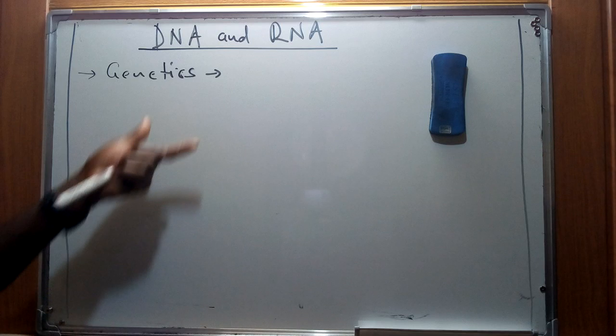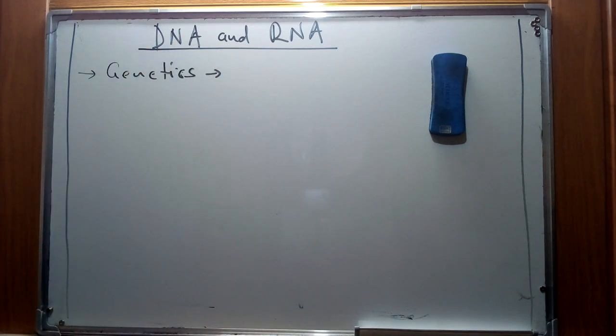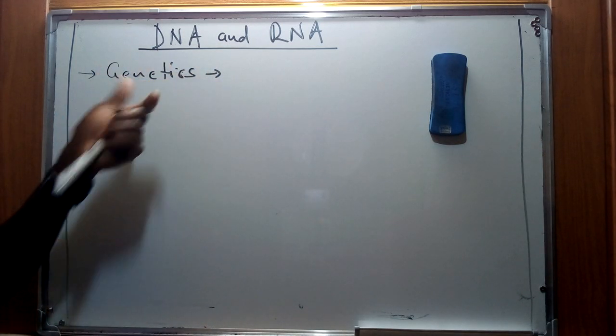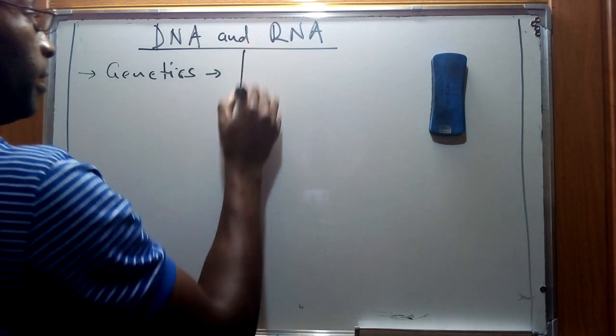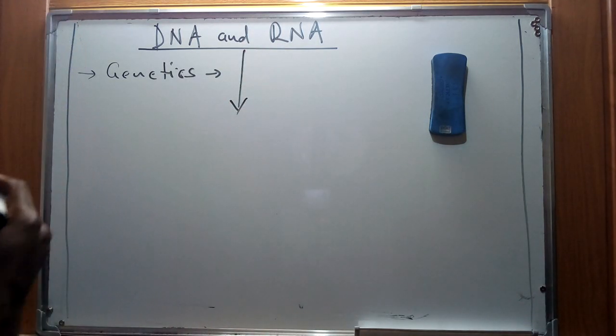In looking for the particular aspect of genetics where inheritance and variation can be displayed, these two specific molecules are going to assist us in defining a clear difference between these hereditary materials that we refer to as RNA and DNA.